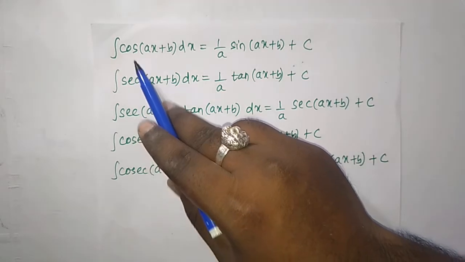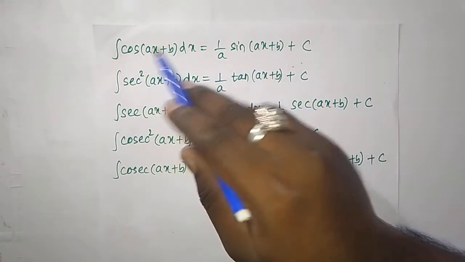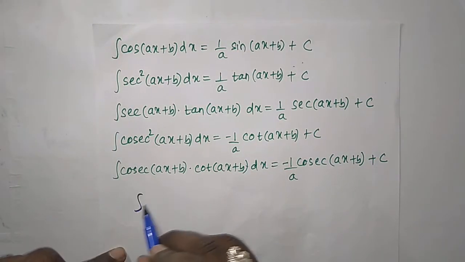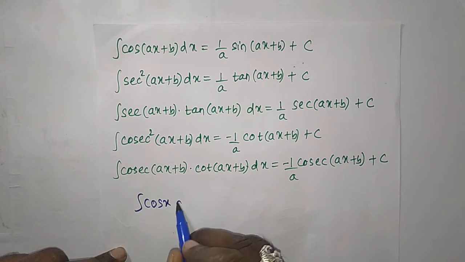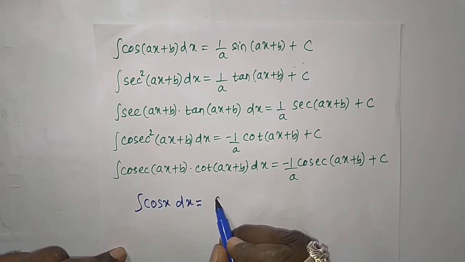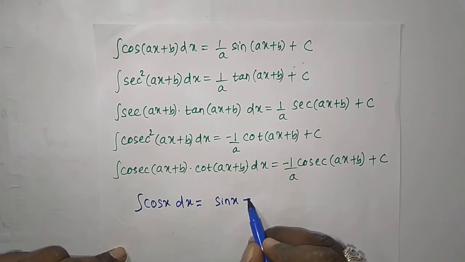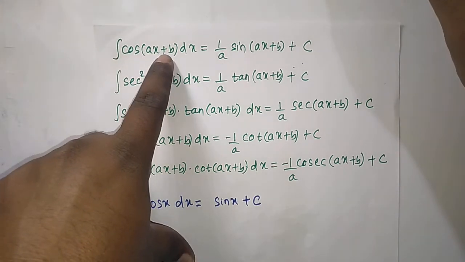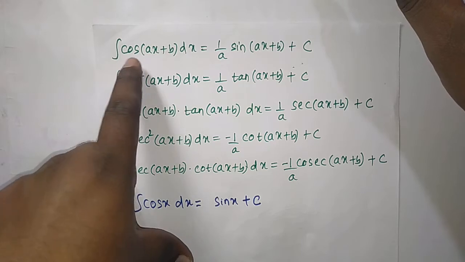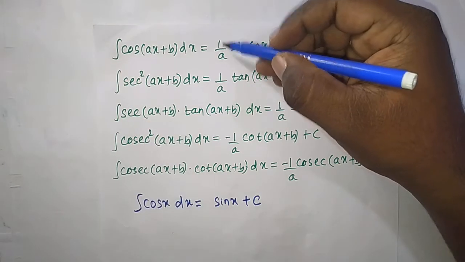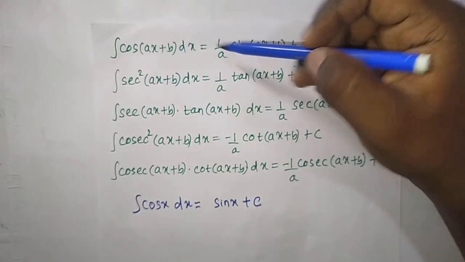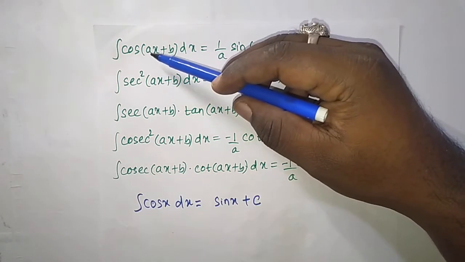You know the integration of cos x is only sin x plus c. But the integration of cos (ax + b) is equal to sin (ax + b) multiplied by one extra term, 1 by a. What is a? a is the coefficient of x.